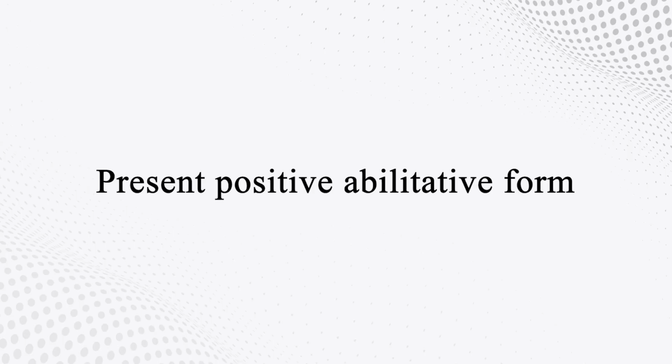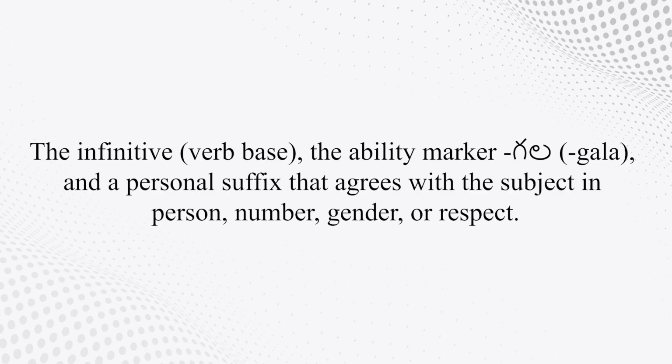Present positive abilitative form. In Telugu, the present positive abilitative form is used to express what a subject can do at the present time. This form follows a structured pattern consisting of three main parts: the infinitive or verb base, the ability marker gala, and a personal suffix that agrees with the subject in person, number, gender or respect.